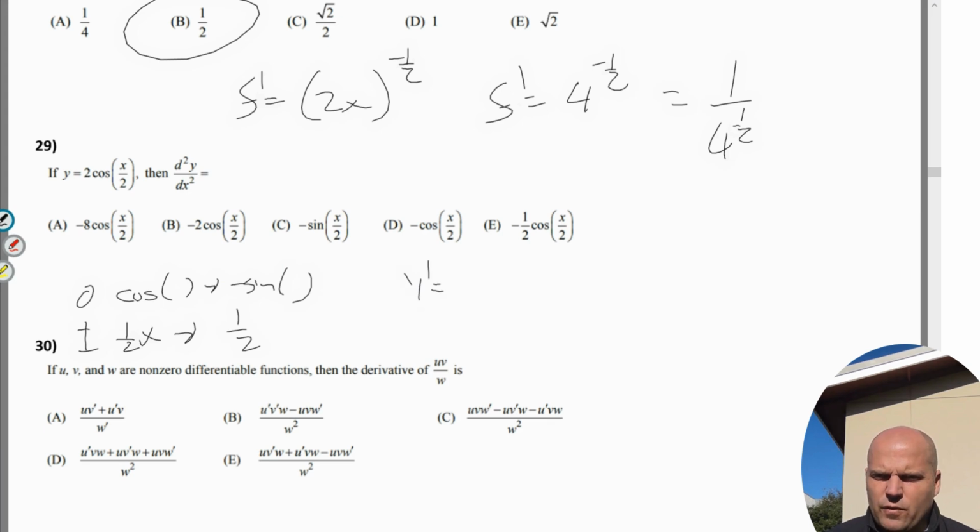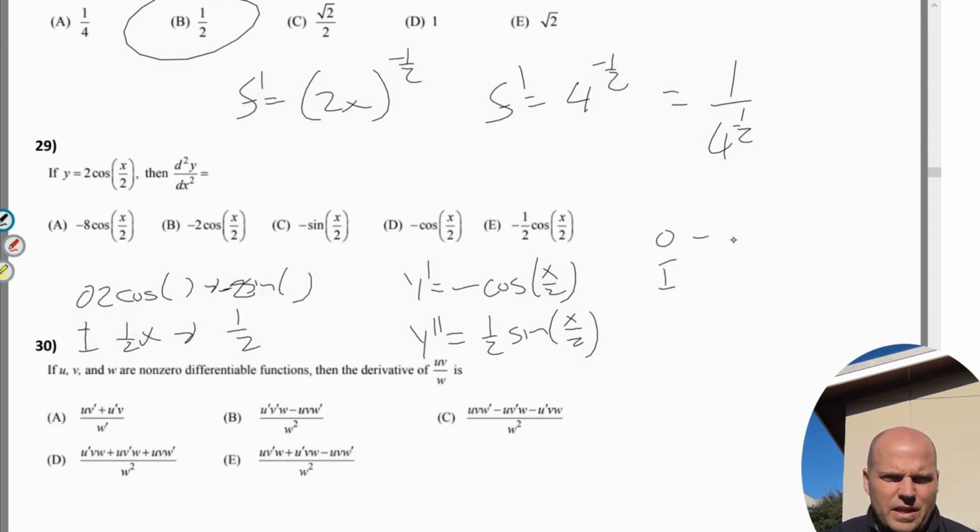So the first derivative would be negative cosine x over 2, because the negative 2 and the 1/2 would cancel. The second derivative, therefore, would be positive 1/2 sine x over 2. Go ahead and O and I it. The O being the negative cosine, the I being 1/2 x. Negative cosine slopes are positive sine. 1/2 x's slopes are 1/2. So that's that. And now I have my answer. 1/2 sine x over 2.